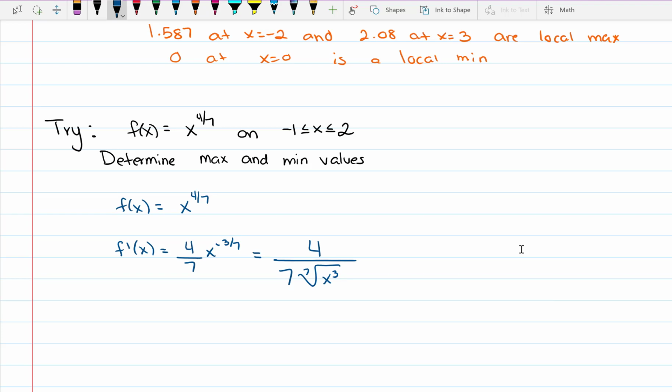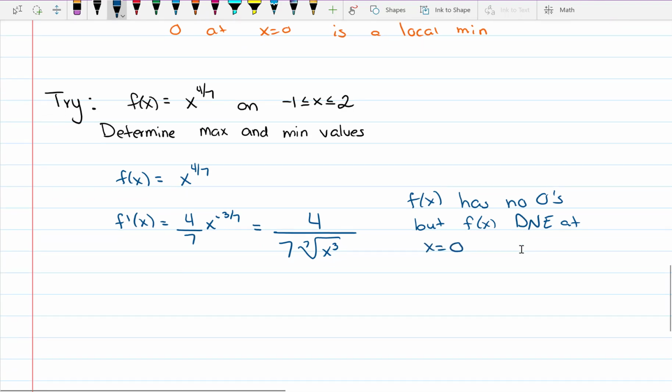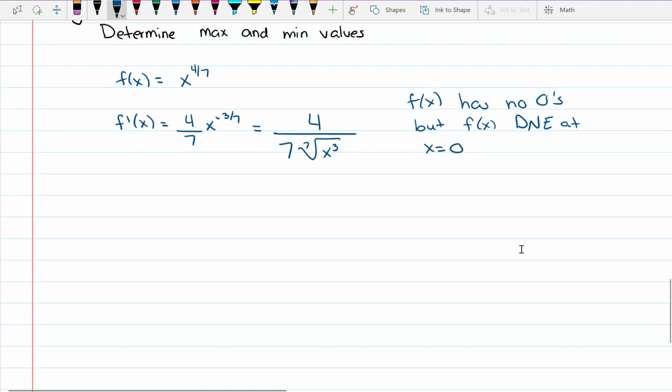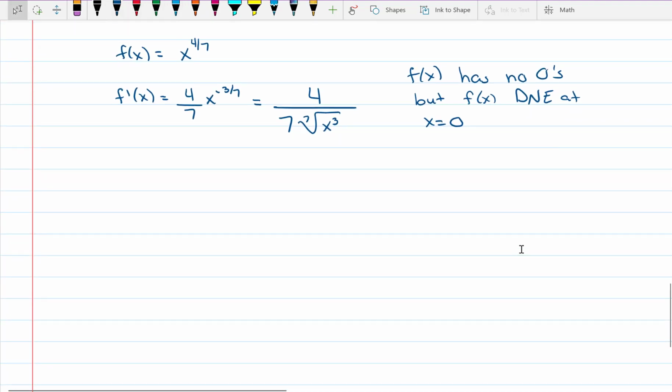So first, let's recognize that we don't have any zeros. So f of x has no zeros. But f prime of x does not exist at x equals 0. So one of our critical points then would be 0. So now what we need to do is we need to evaluate those. What I like to do first is I like to make the sign chart that tells me exactly what I need to do.